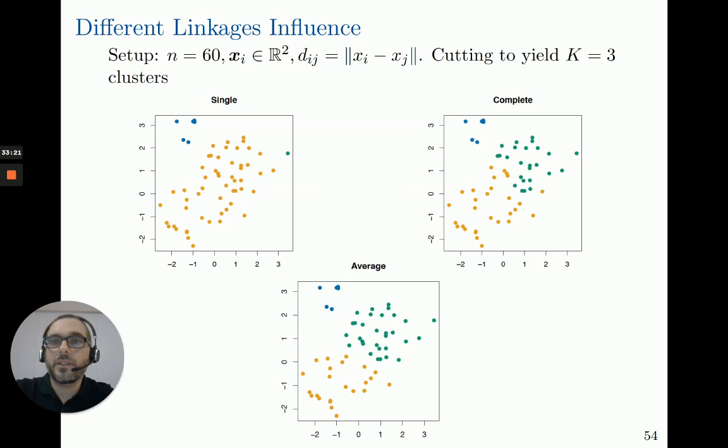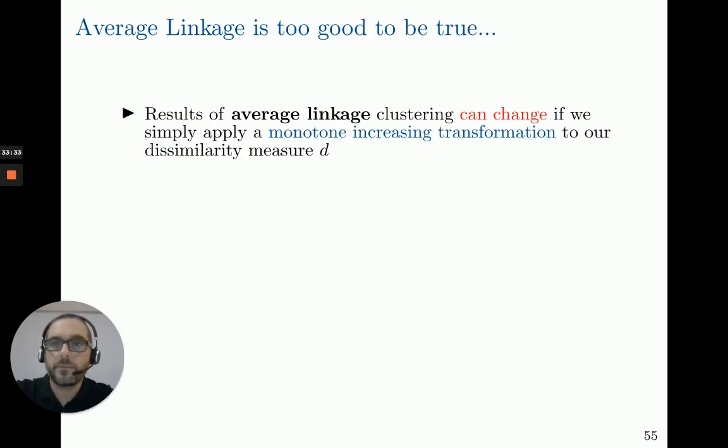So with different linkages, you may have different clusters. The average is pretty much similar to the complete, but very different from the single. The results of average linkage can change if we simply apply a monotone increasing transformation to our dissimilarity measure.